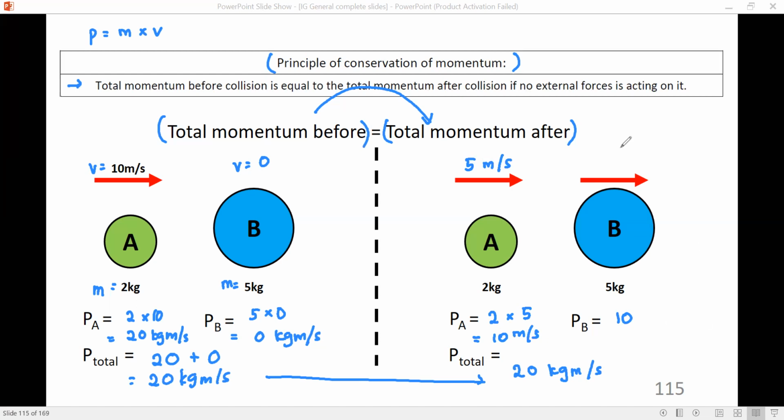If they ask you what is the speed of B, we can use the formula P equals mv. P is 10, M is 5, so V is 2. So V is 2 meter per second. This is the concept of total momentum before equal to total momentum after because of the principle of conservation of momentum.